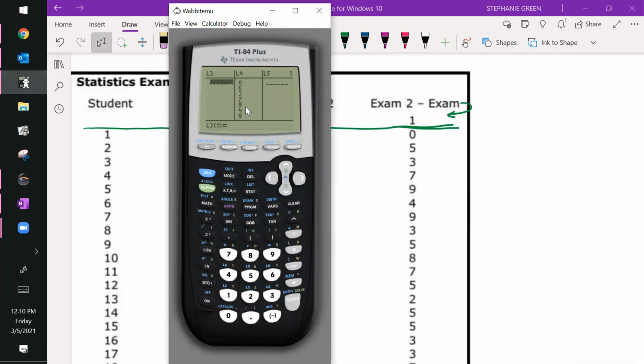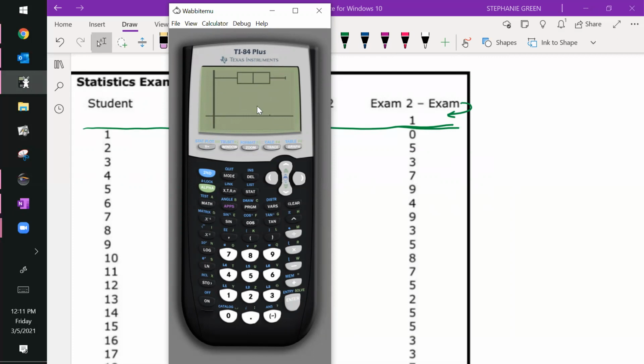Okay, so now the easiest way to check for outliers and even just skewness is a modified box plot. So I'm going to go second stat plot. I already have the modified box plot selected here, so I'll just change this to list 4, which is where my data is on this question. And I hit graph. I'll need to adjust my zoom. Zoom 9 is the stat option, and I can see right away there are no outliers, and that looks pretty symmetrical.